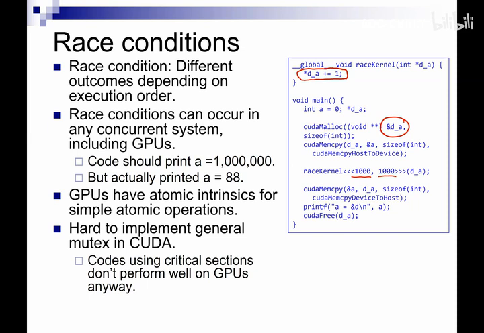And even if you could implement such an algorithm, when you use a GPU, you want to have many, many threads, right? And if there's a block of code that's in a critical section, then when you run those threads, the threads would have to go sequentially through that block of code. And so you would get very bad performance in that case. So even if you could implement a critical section in CUDA, you wouldn't want to because of the poor performance.